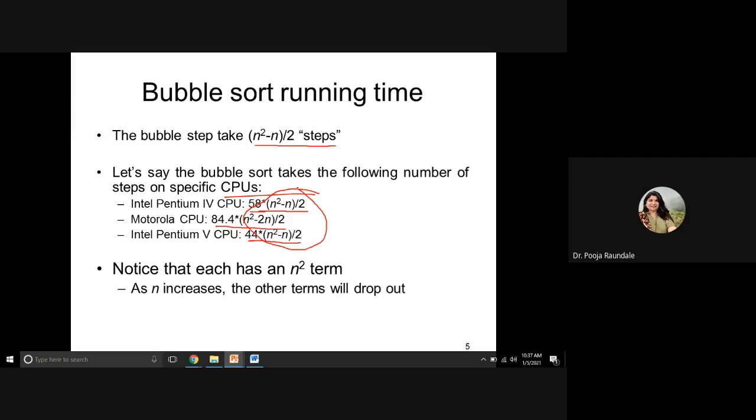As n increases, the other terms will drop out because these are constants. 58 is a constant, 84 is a constant, 44 is a constant.